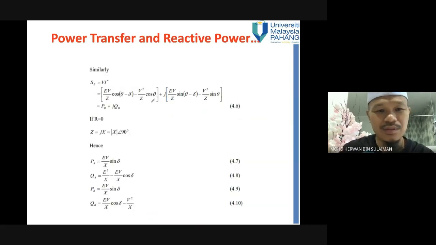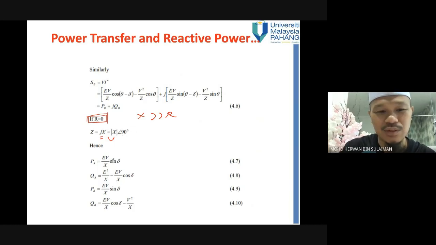Then for SB it is the same, except now this is PA, PB. And then let's say our R is zero, as usual. We assume that our X is much greater than your R. So you get Z equals jX. Or when you change to this form, the angle of X is 90 degrees.